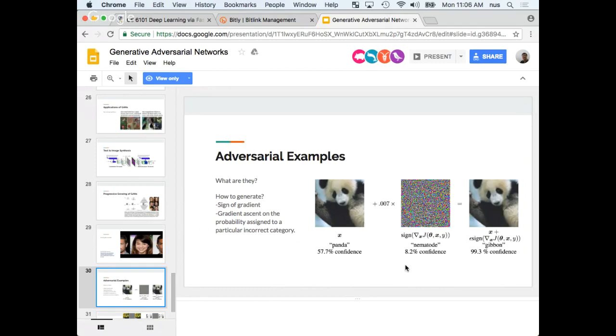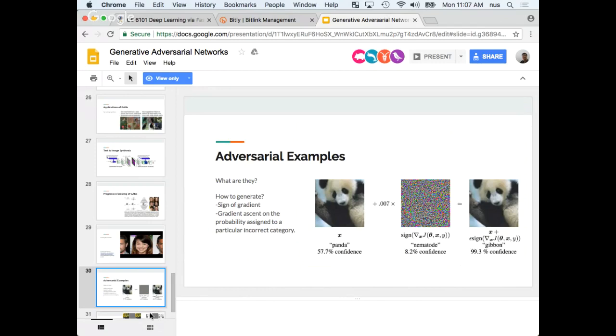Now, if you add some noise to it, not modifying it by that much, you're able to trick your machine learning model into giving an entirely different label. One of the methods of generating this noise is to get the sign of the gradient at each point. The other method is to use the gradient in the direction of the closest label.